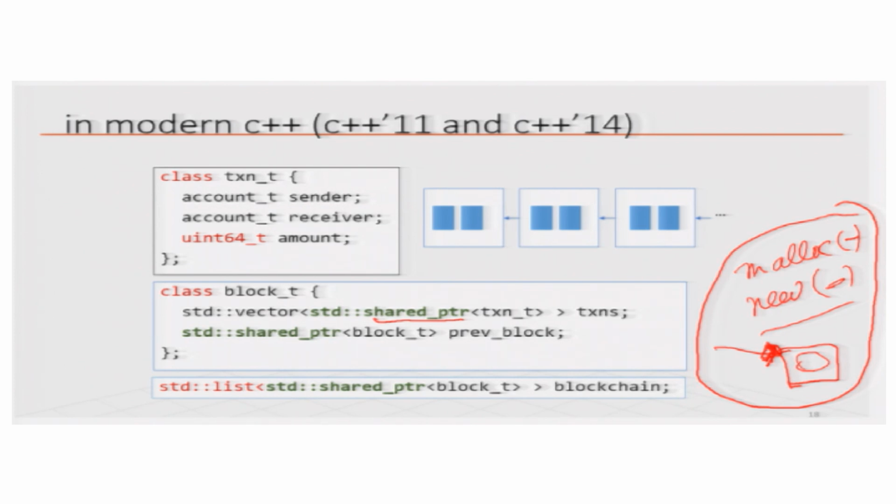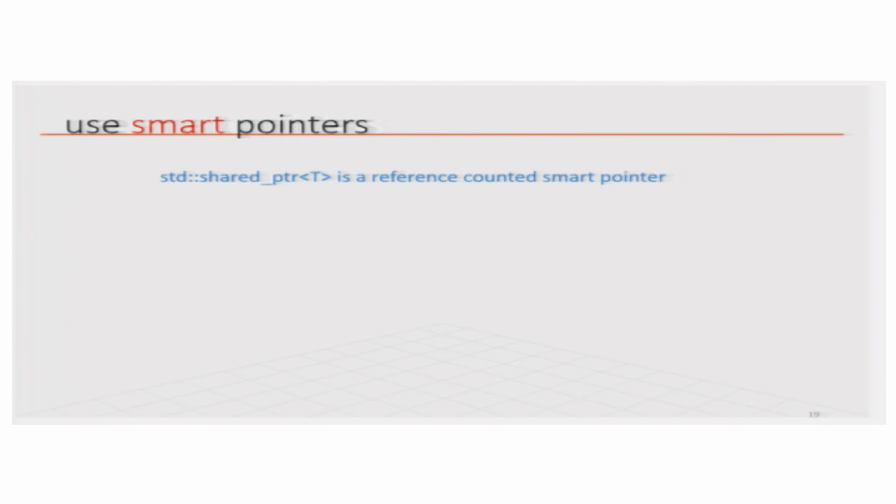As a programmer, once you have created the pointer, you do not have to worry about deallocating the pointer or worry about null pointer exception, because as soon as the pointer gets out of scope or is not being used, it is deallocated. That is why shared pointers are being used in this program. The only advantage for you in the shared pointer usage is that when you allocate, you do not have to worry about deallocating. So, as I said, it is a reference counted smart pointer.